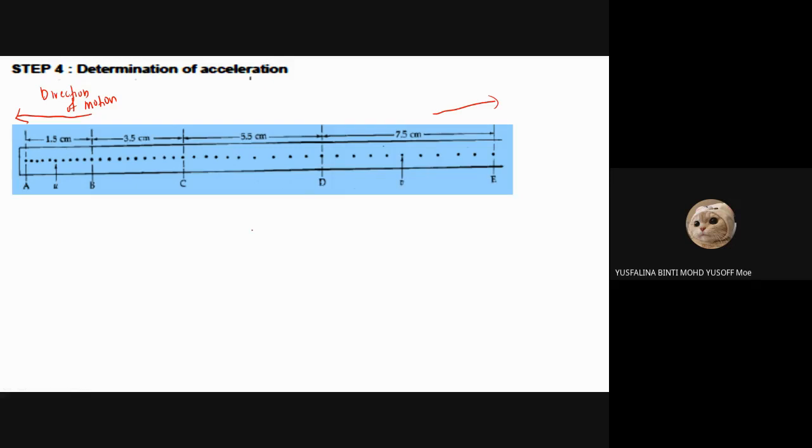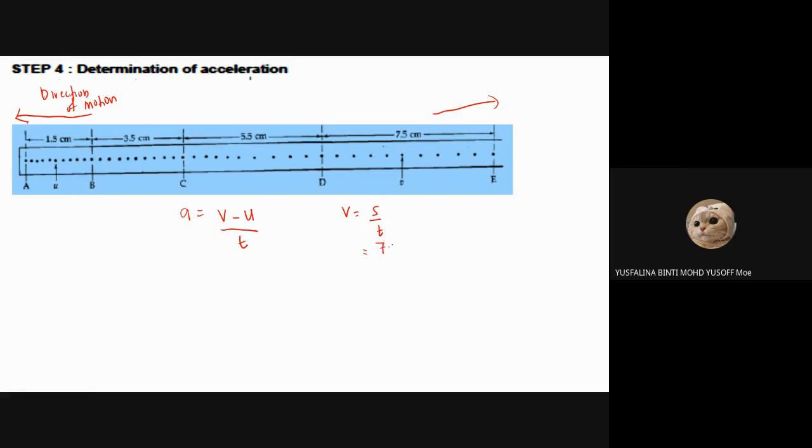Next you have to find the acceleration. You already know a is equal to v minus u divided by t. In this question you have to find the final velocity first, the initial velocity and also the time. The final velocity is here. So v is equal to s over t, where s is the displacement, the length of DE. The length of DE is 7.5.